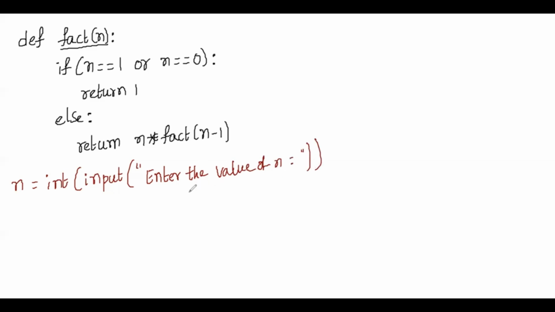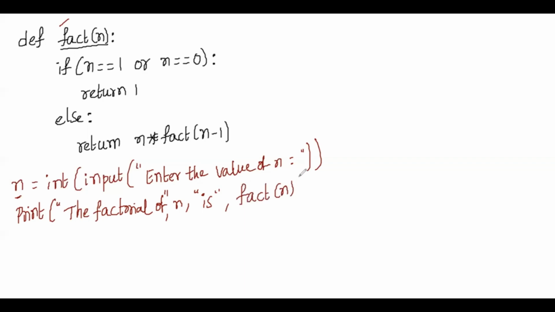So the moment you enter the value of n, that is stored in variable n, now we'll call this function called fact by passing this n value. This can be done like this. The factorial of n, so here the value of n taken is fact of n, like this.